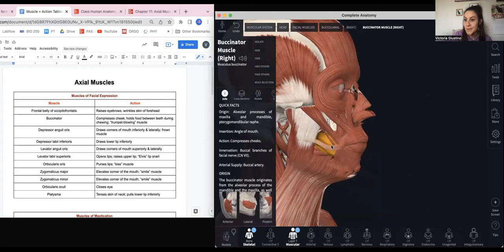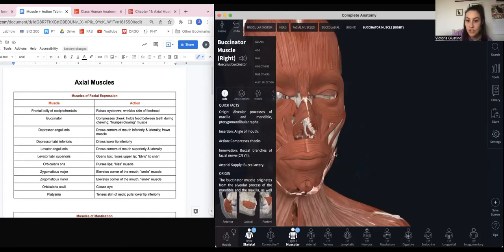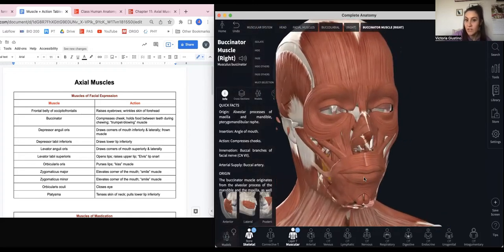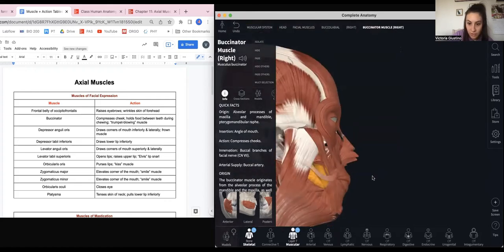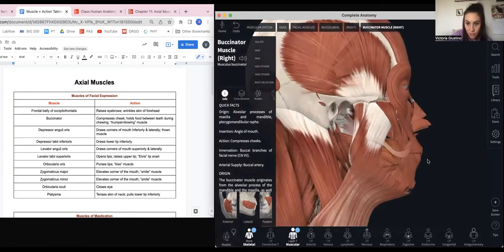So when you're chewing, and you need to keep your bolus of food in between your cheek and your teeth, that's all thanks to the buccinator muscle. Also, brass instrument players frequently use that when they're blowing into their trumpet or trombone or whatever. So that's the buccinator muscle right there. Get a good view of that.